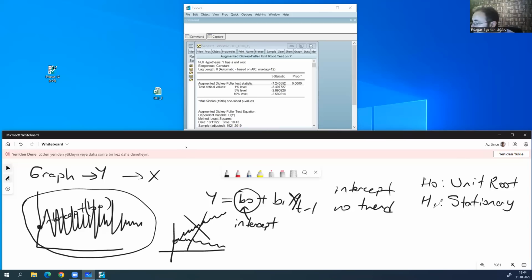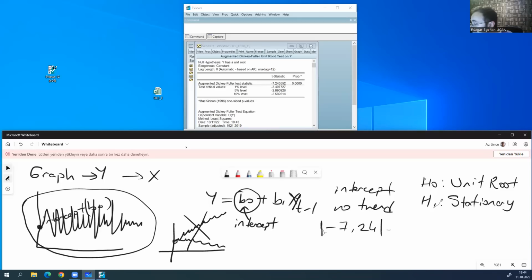So let's look at the t-statistics and test critical values and the prob values. How can we determine to reject H0 or accept H0? Now, you have to look at the t-statistic. You see it is 7.24. You have to look at it as an absolute value.